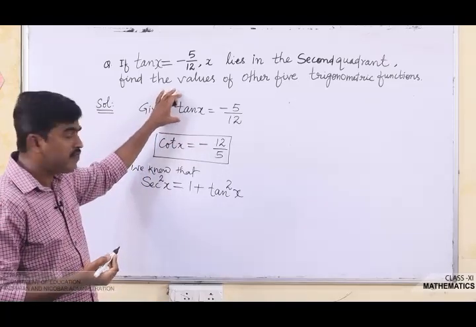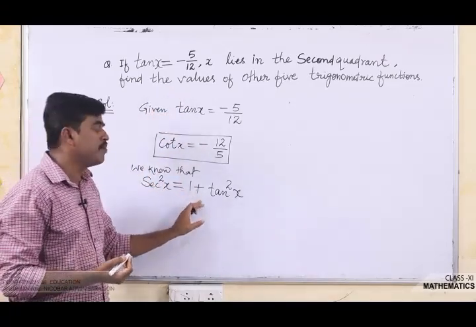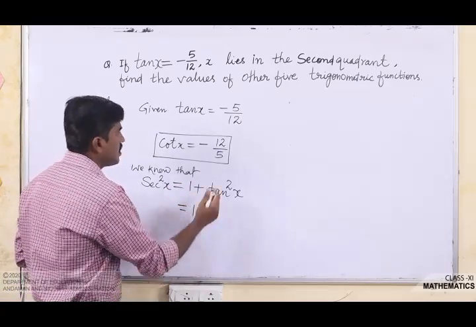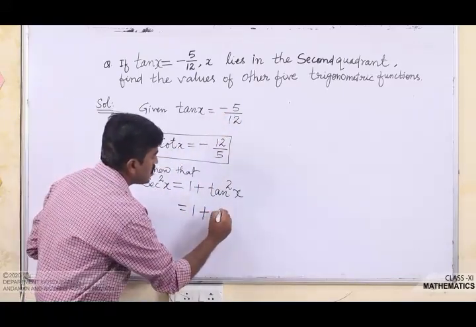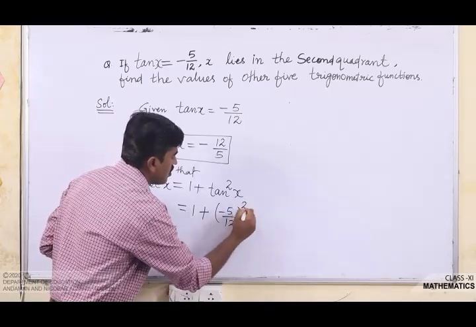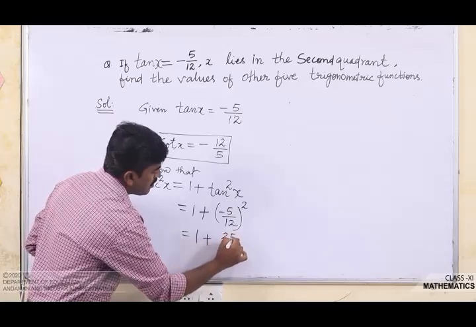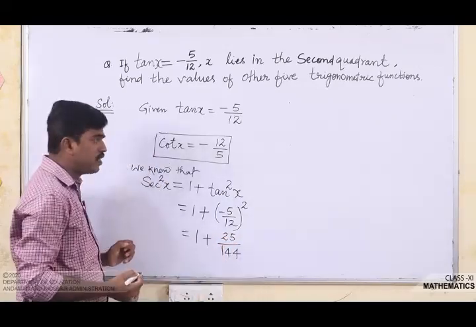So we can write sec square x is equal to 1 plus tan square x. Why? Because the value of tan x is given, that is why I am using this formula. Just put the value of tan x there, minus 5 by 12 whole square. So it is 1 plus minus 5 square, that is 25, over 12 square, which is 144.